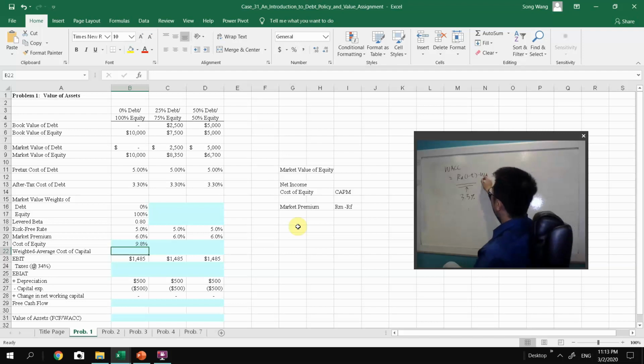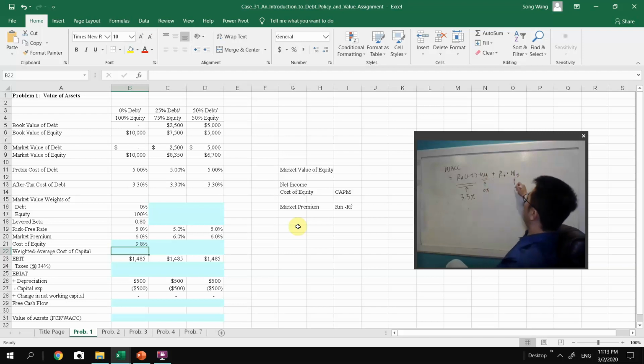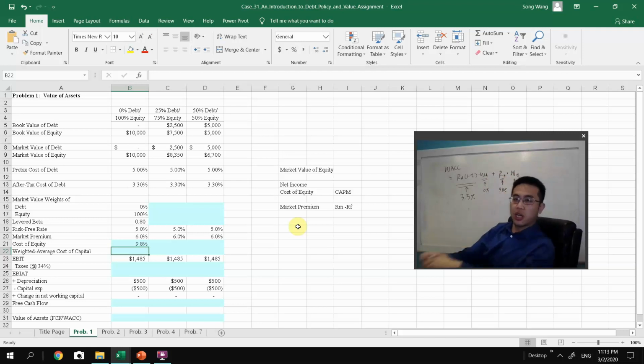Now you have a weight of debt of 0% and a weight of equity of 100%, and you already have the cost of equity, 9.8%. So you can easily figure out your WACC.